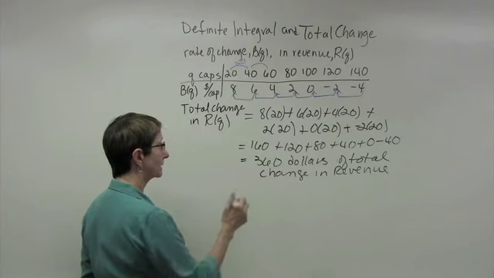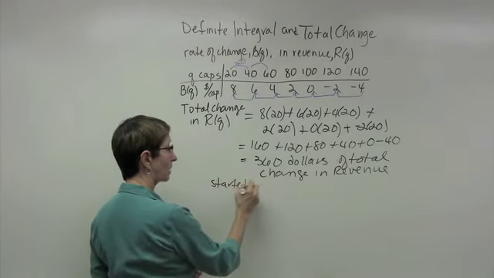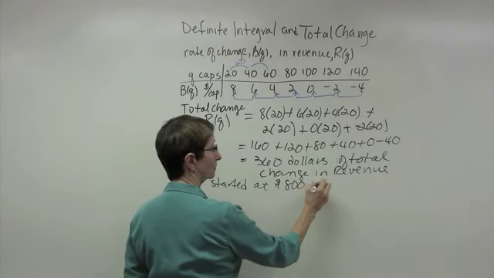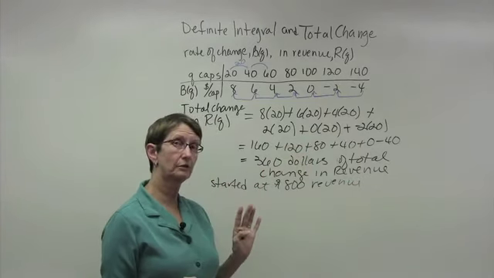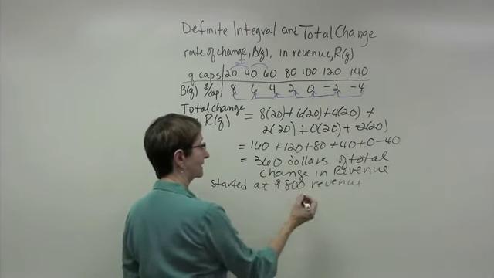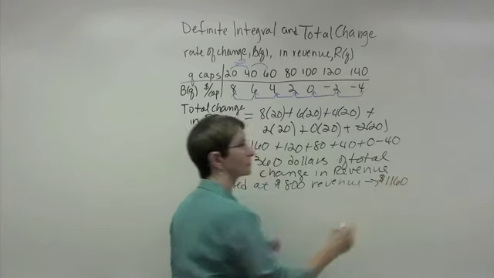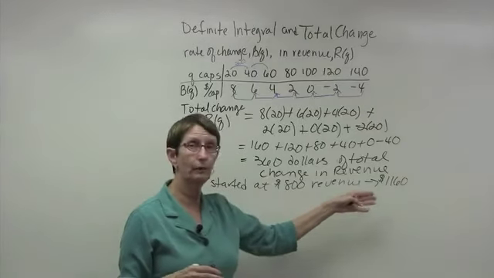So if you think about it, we may have started at $800 revenue. So that was what the revenue was, $800. And this says we've increased $360. So if you add $360 to that, you end up with $1,160 as the revenue at the end. We don't know where we started. We don't know where we ended.